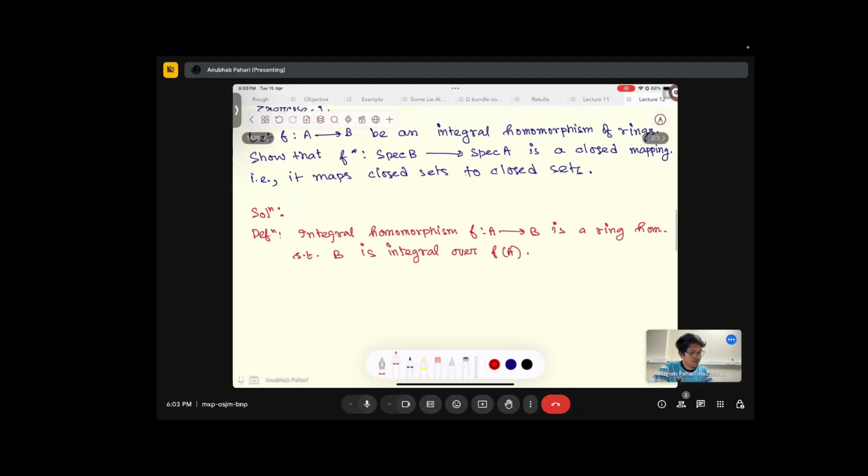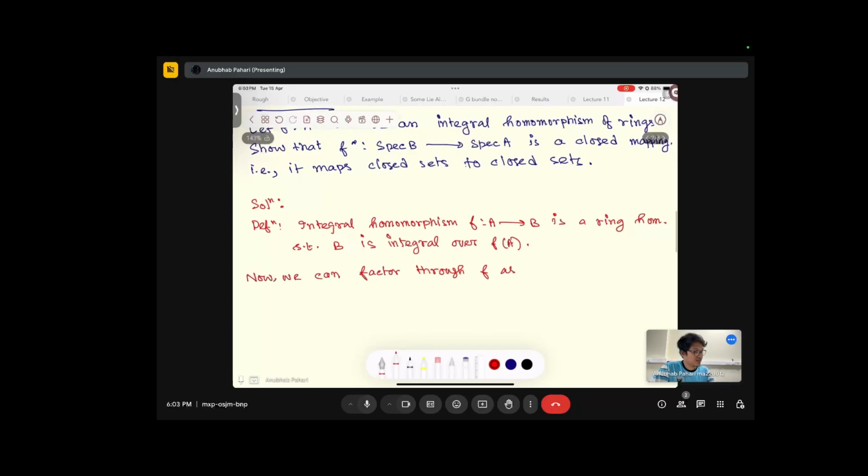Now we can factor f as A going to f(A) to B via two maps, R and S. Then R is a surjection and S is an injection.